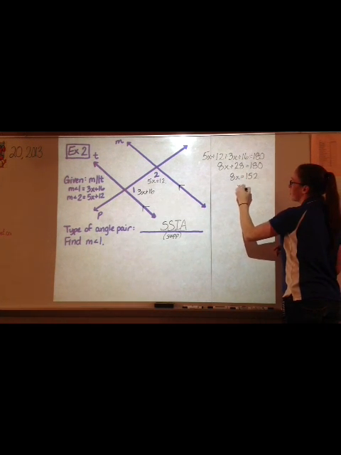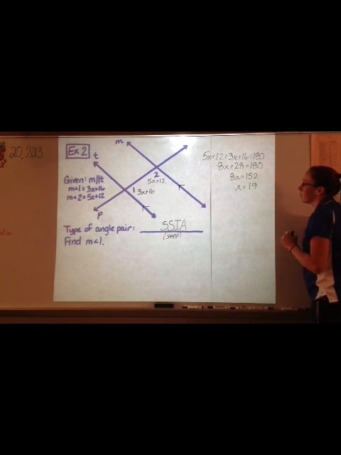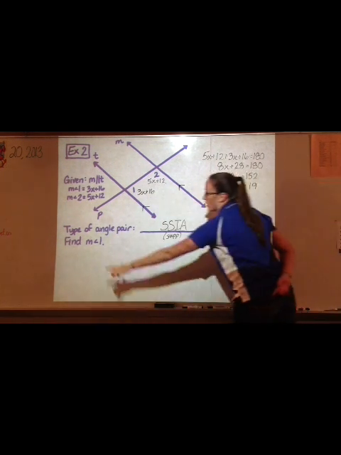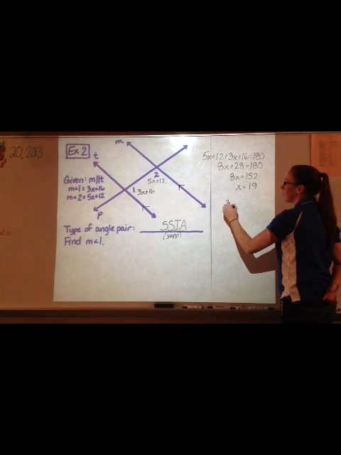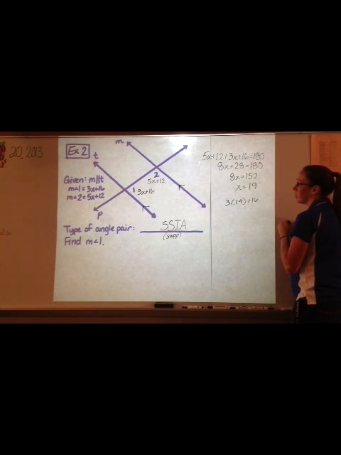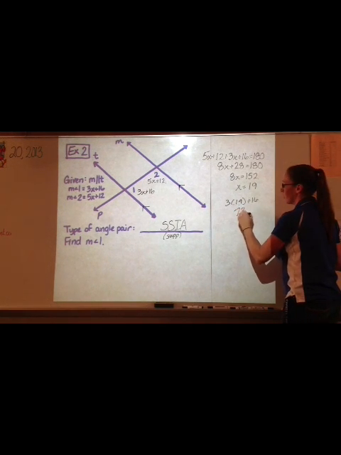Divide by the coefficient, and we come up with an x value of 19. Ask yourself if you're done. Last thing we need to do is find the measure of angle 1, substitute in, and we end up with a final angle measure of, let me double check my work here, 73 degrees.